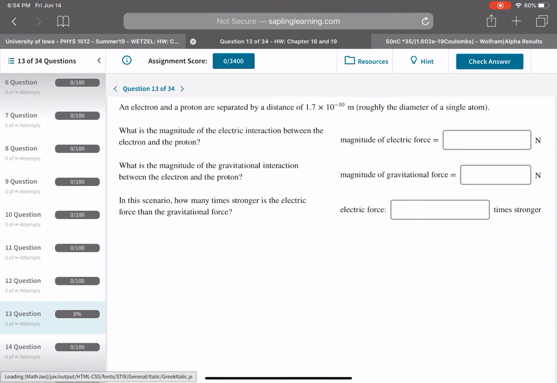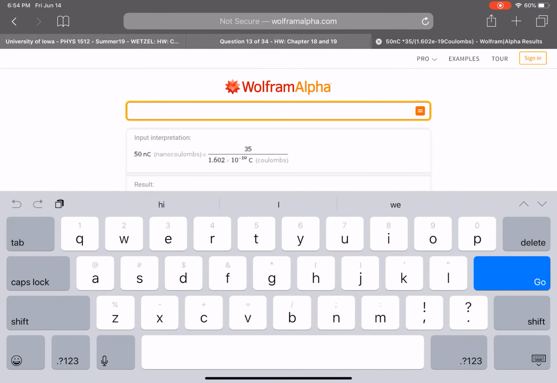Number 13: An electron and a proton are separated by a distance of 1.7 times 10 to the minus 10 meters, roughly the diameter of an atom. What's the magnitude of the force between them? So you can go here, we know the Coulomb constant times charge on electron times charge on proton divided by, I'm just going to put 1 centimeter squared.